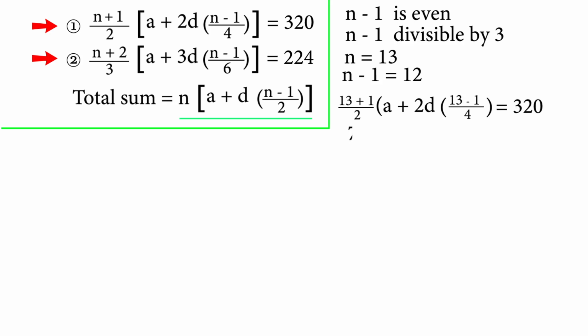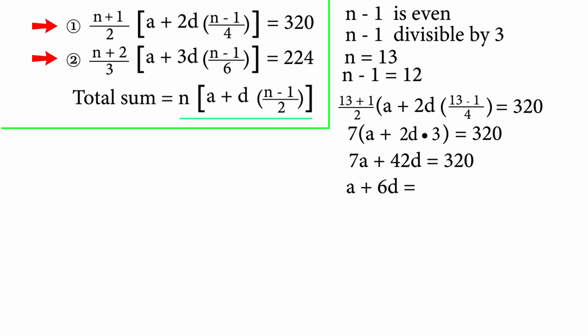And that gives me 7 times (a plus 2d) times 3. And that gives me 7a plus 42d is equal to 320. And if I divide by 7, I'll get a plus 6d is equal to approximately 45.7.